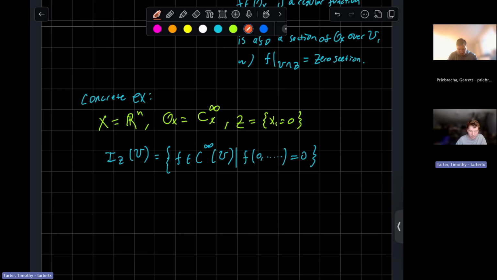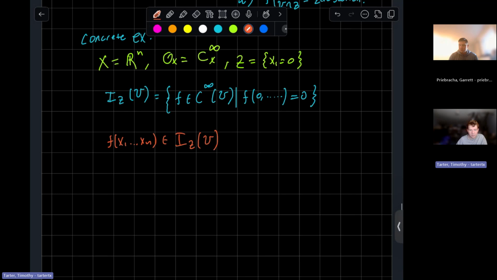So an example element f of x1 through xn in IZ over U could be x1 squared e to the x2, because it's infinitely differentiable, but it's also vanishing at 0.